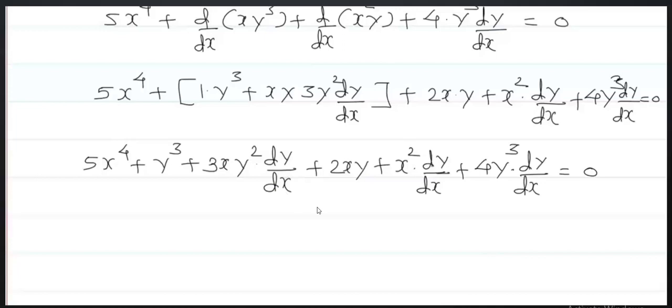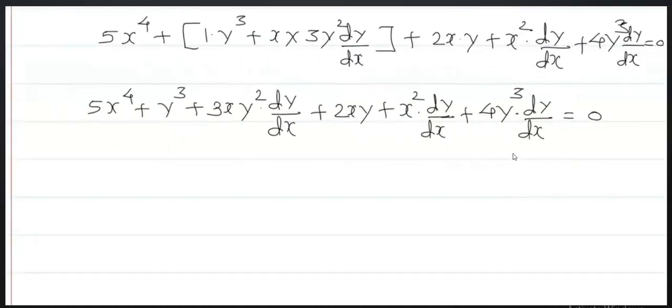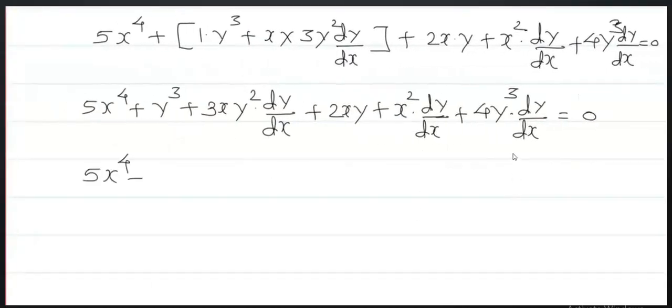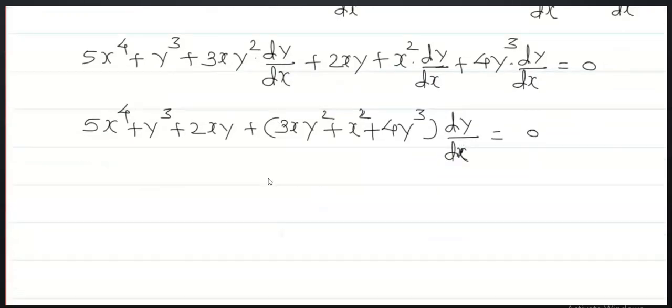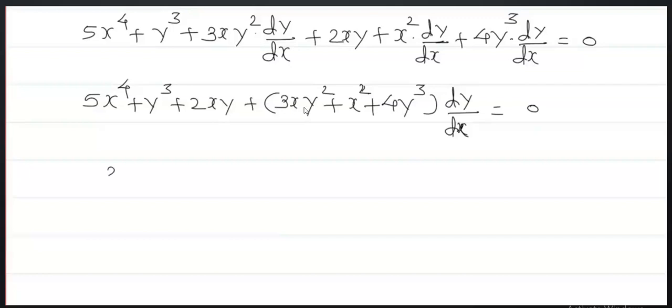Now take the terms of dy by dx as common. Therefore 5x raised to 4 plus y cube plus 2xy. These are the terms other than dy by dx, and these are the terms which have dy by dx as common. That is 3xy square plus x square plus 4y cube into dy by dx is equal to 0.